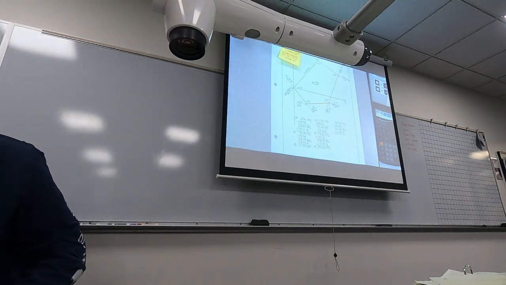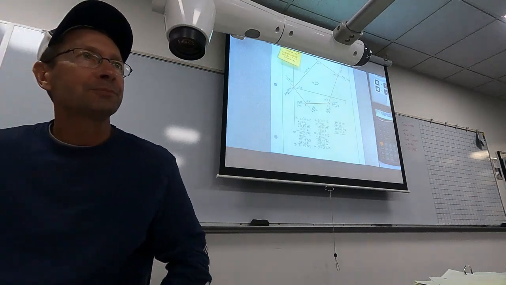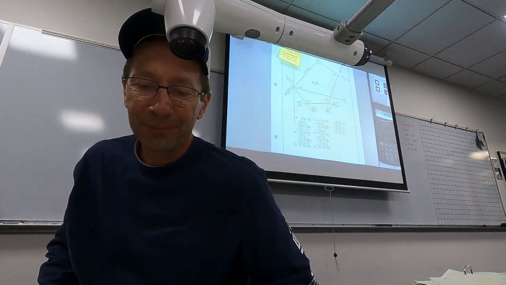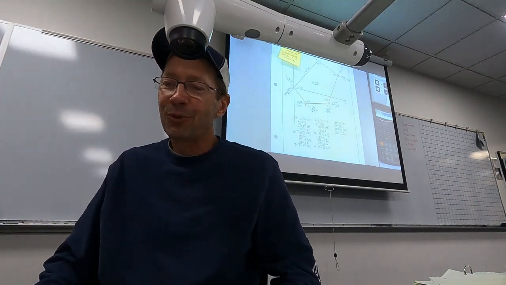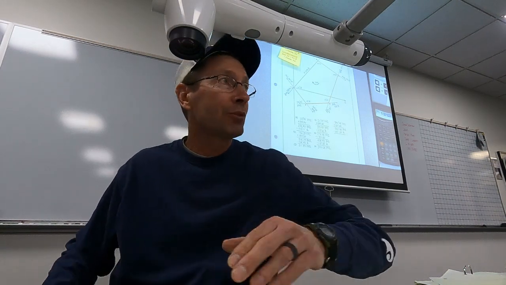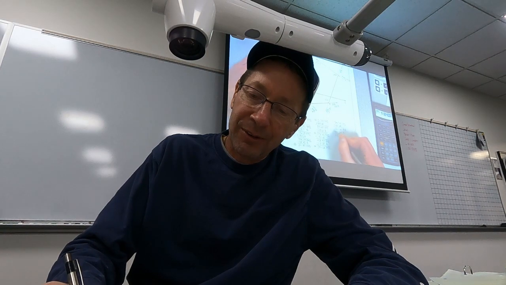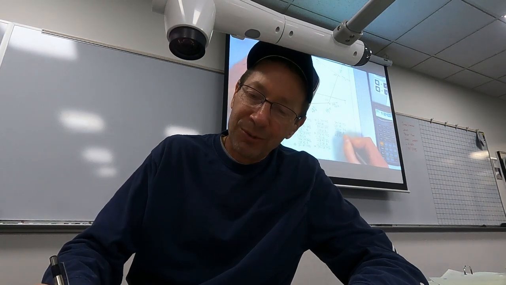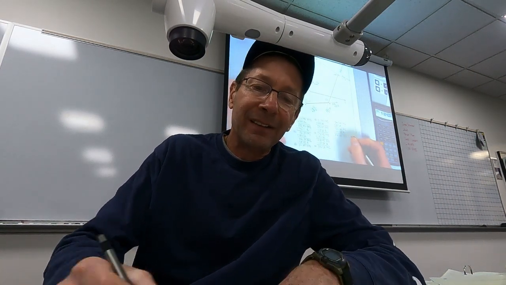Who's got a number? 418. It's big, right? 418.40, Lozano? 418 degrees, 40 minutes. So this would be the forward azimuth of A to B.